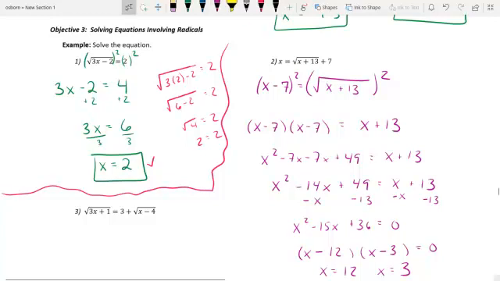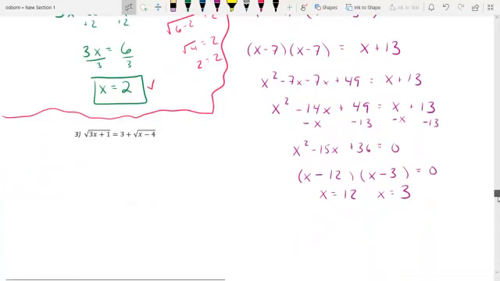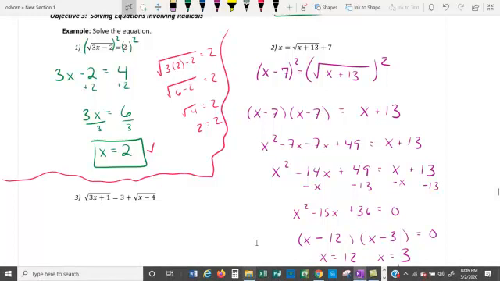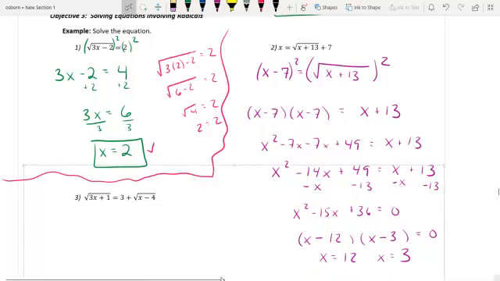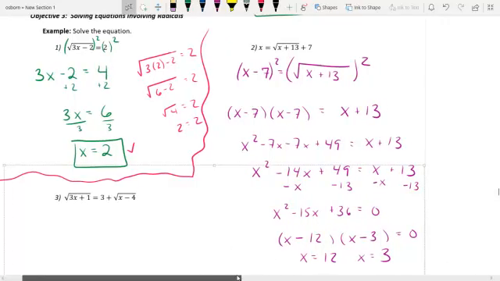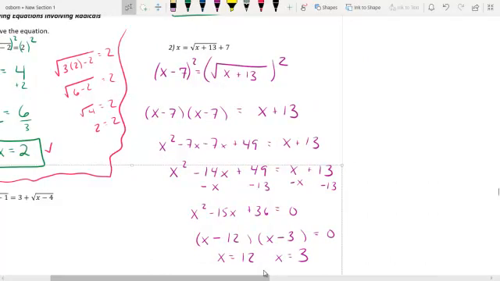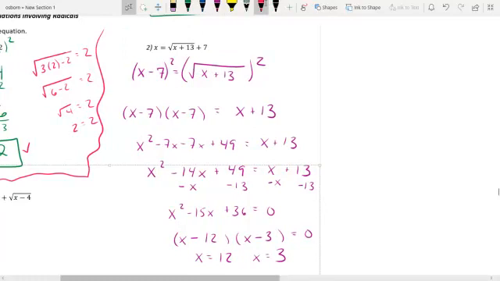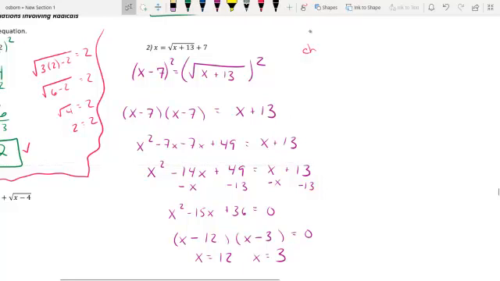All right, so let's go ahead and we can start off by checking to see if 12 works. Let me just scroll over to the side a little bit. Alright, so I'm going to check to see if 12 works. So I'll call this my check spot.